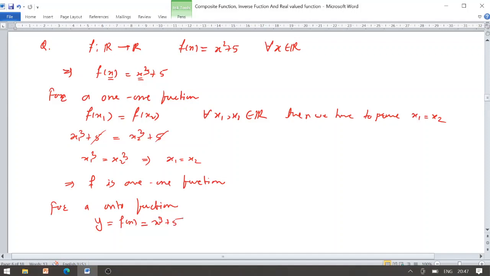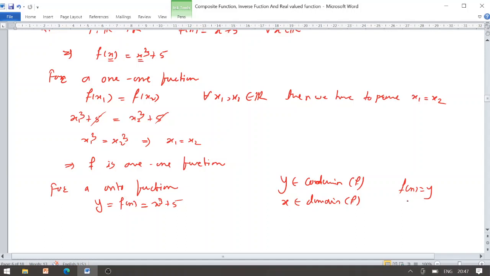So for proving f is onto, we have to prove that for any y belongs to the codomain of f, there exists a unique element x belongs to the domain of the given function f, such that f of x equals y ultimately.